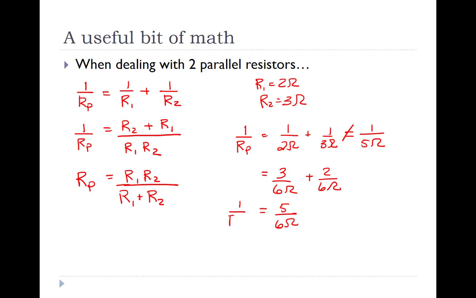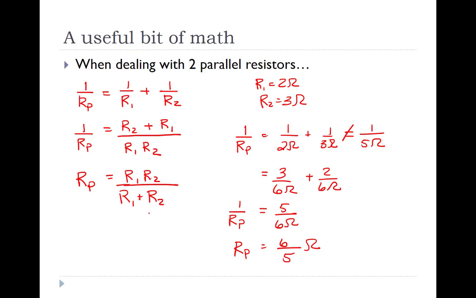So 1/2 is 3/6. 1/3 is 2/6. So 1 over R parallel is 5 over 6 ohms, which means R parallel is 6/5 ohms. So please watch what you're doing.